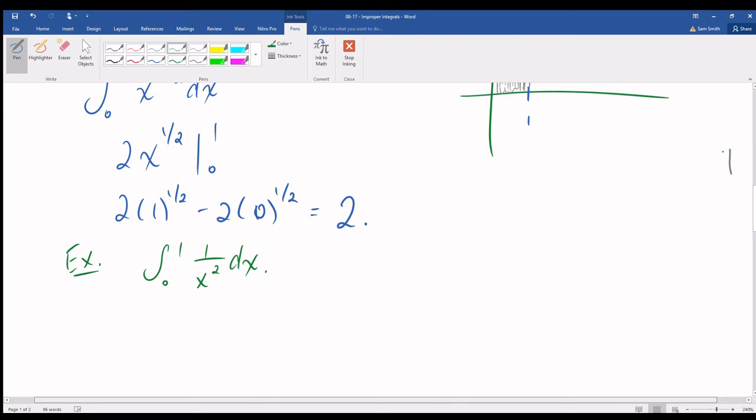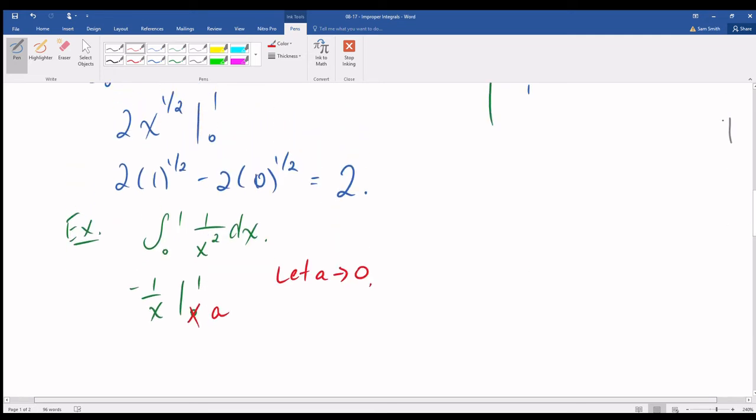Now if I find an antiderivative, I will have, once again, -1 over x being evaluated from 0 to 1. But the problem here is that I can't actually plug in 0 to this function. So instead, I will use a letter a as a placeholder, and I will let a approach 0.